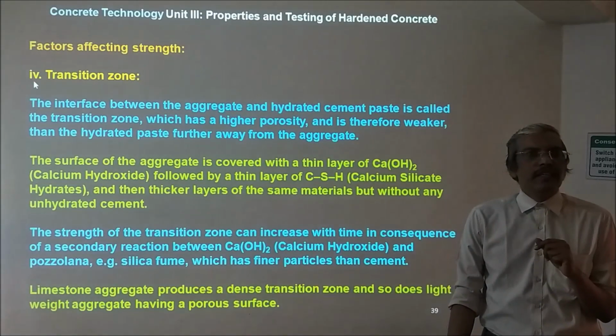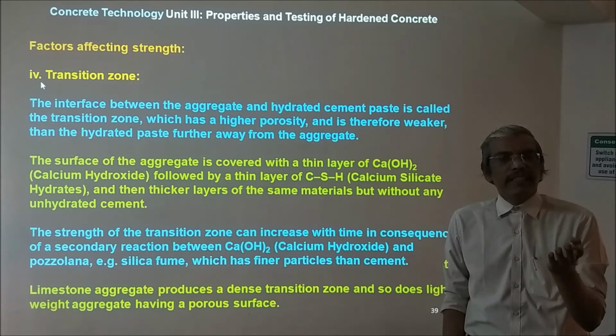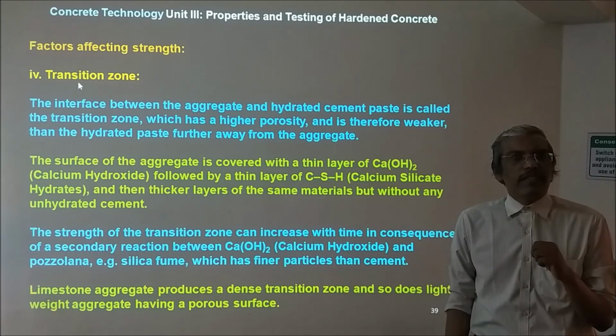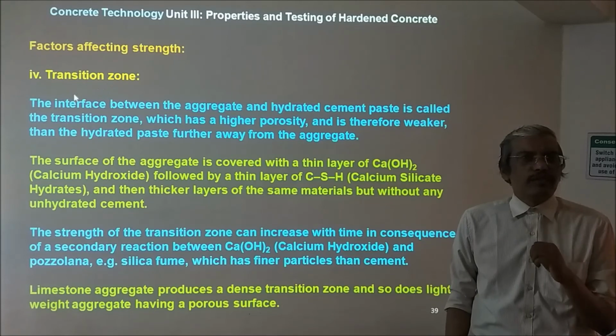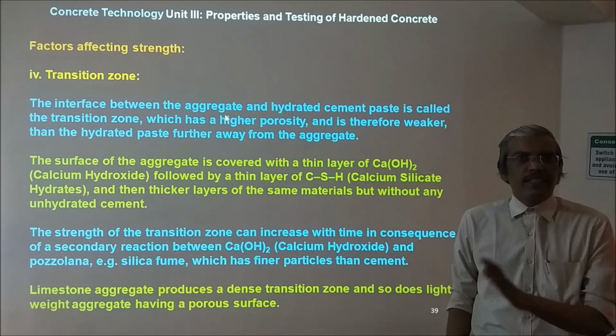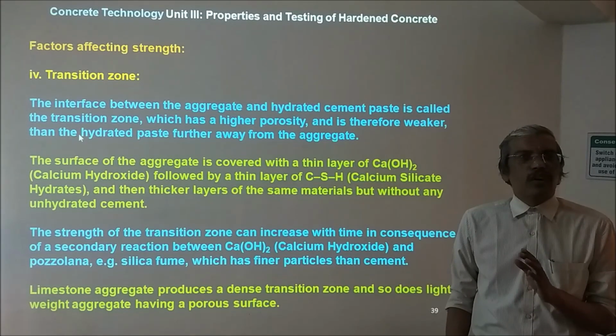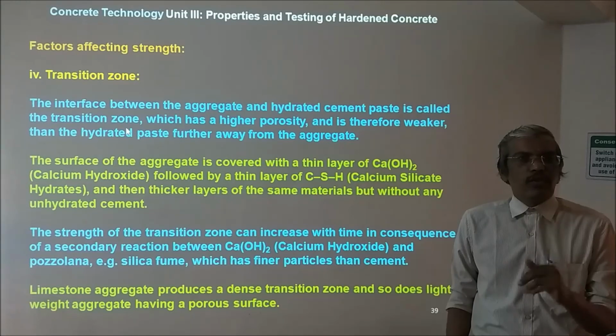Now we will see another factor affecting the strength, that is the fourth, the transition zone. The interface between the aggregate and the hydrated cement paste is called the transition zone.